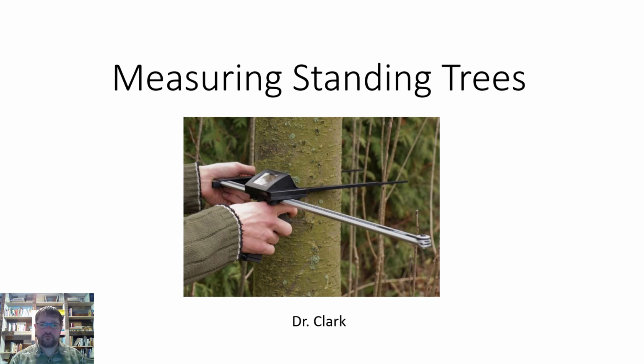And the other thing DBH often will give you is if you've cored a few trees in that region, you can calculate the age and DBH, so the equivalent. So maybe a 5-year-old tree might have a 10 centimeter DBH, and that would give you that kind of corresponding age to DBH.